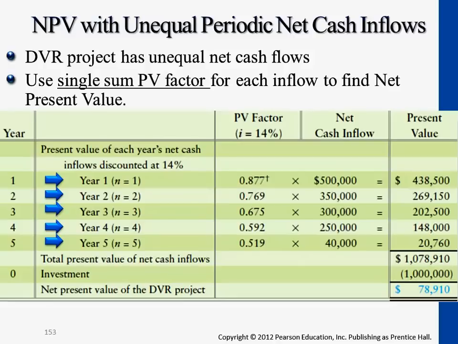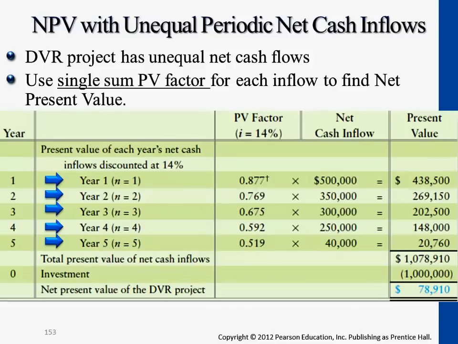So the first line here, year one, you think of having that return a year from now, $500,000. You refer to the table, first year, 14%, whatever the PV factor is, 0.877. Okay, second year, the same concept, it's just that you're referring to the second year.